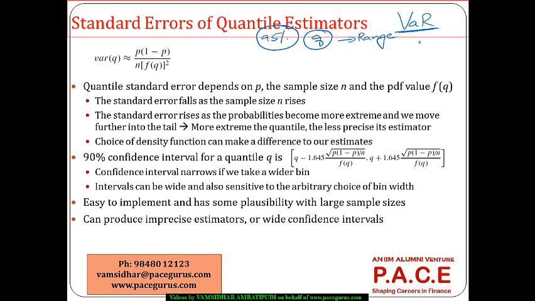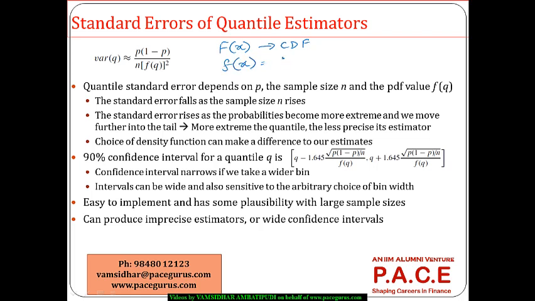What is the 90% or 95% confidence interval range for this particular measure Q? That is what we are looking at. Probably for that, a simple logic that came out is, let's assume that f of x is the cumulative distribution function of a particular data.